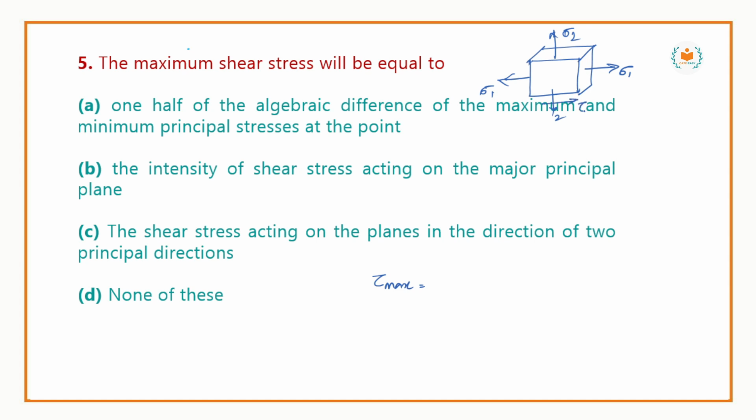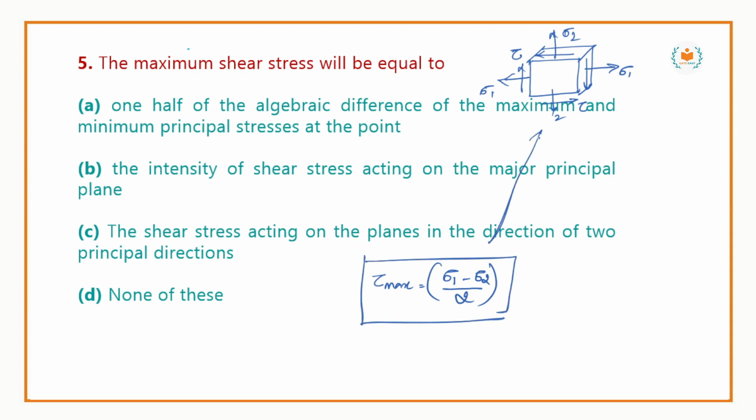If it is subjected to shear stress of tau here, what is the value of this tau max? So always we write the equation for tau max as sigma 1 minus sigma 2 divided by 2. This is the equation for the maximum shear stress. Now they have given that it is 1/2 of the algebraic difference of the maximum and minimum principal stress.